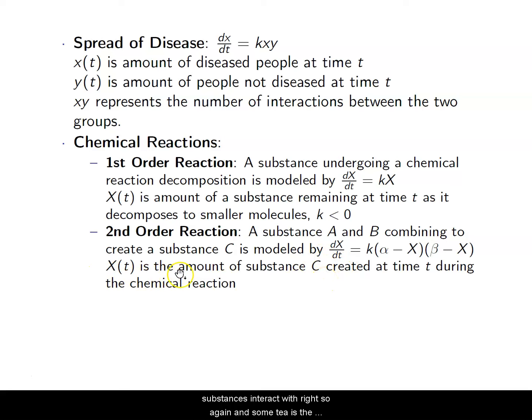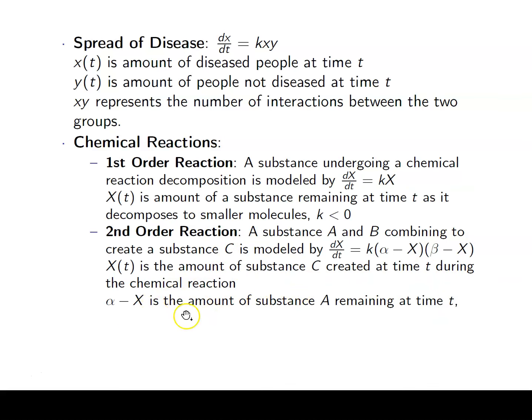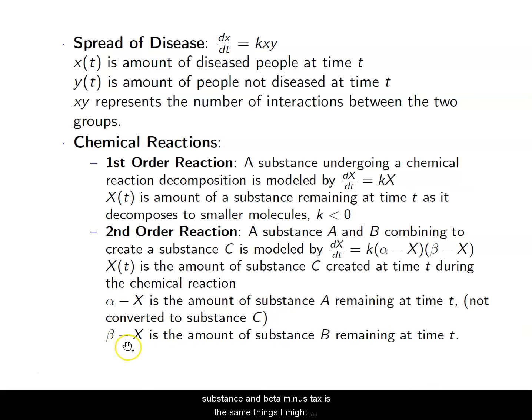So again, X of t is the amount of our substance C that's created after time t during our chemical reaction. Alpha minus X is the amount of substance A remaining during this interaction at this specified time, so whatever has not been converted yet into our new substance. And beta minus X is the same thing.